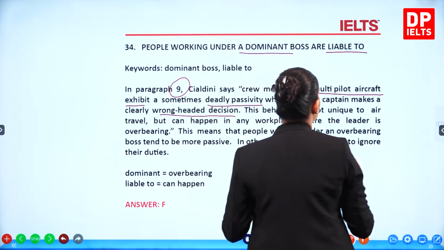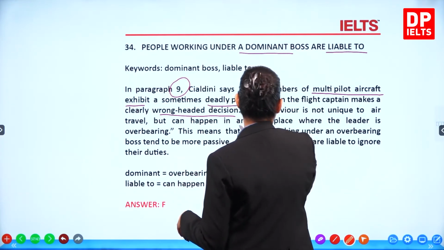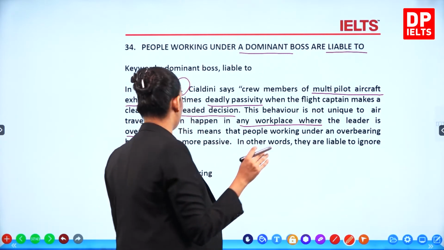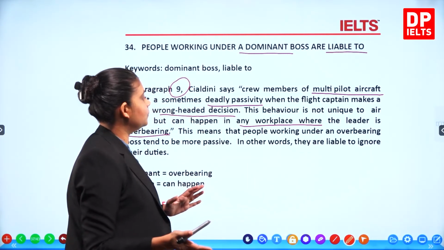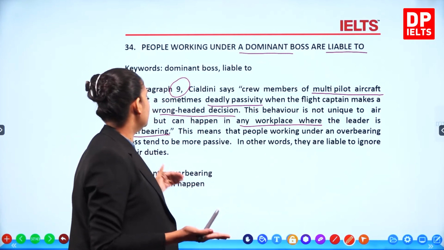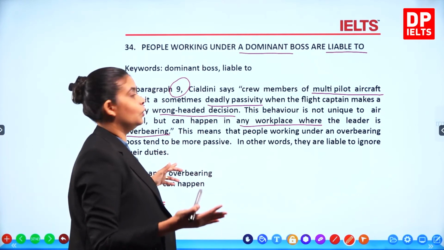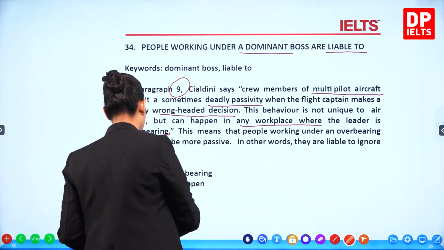This behavior is not unique to air travel but would happen in any workplace where the leader is overbearing. Overbearing means very dominant. Okay? This means that when people are working under very dominant bosses, they tend to be more passive. In other words, they are liable to ignore their duties. So therefore, the answer is F.